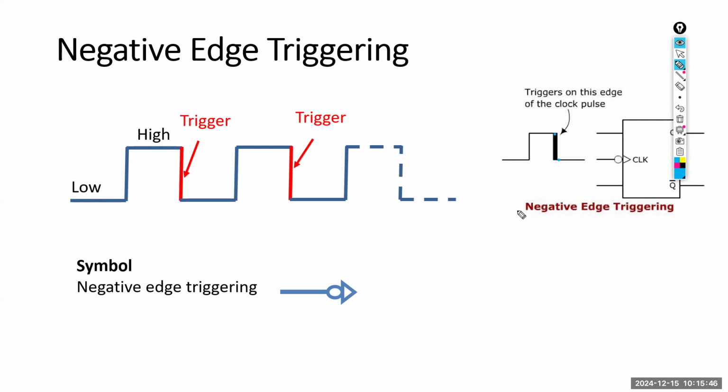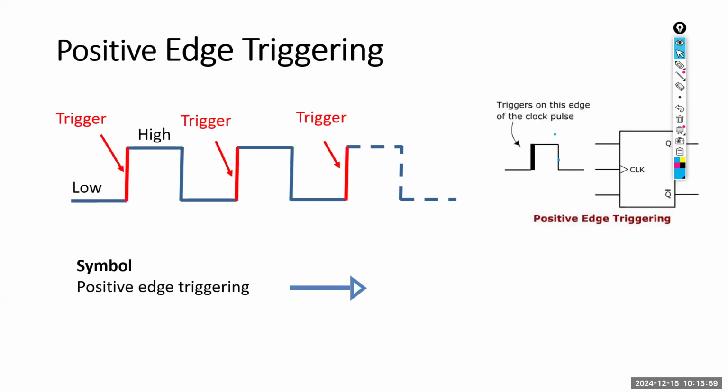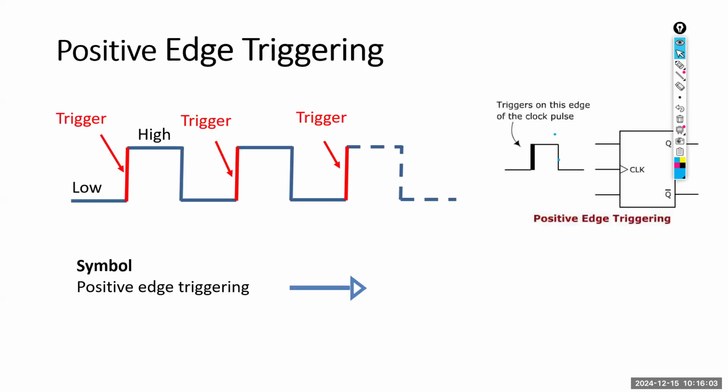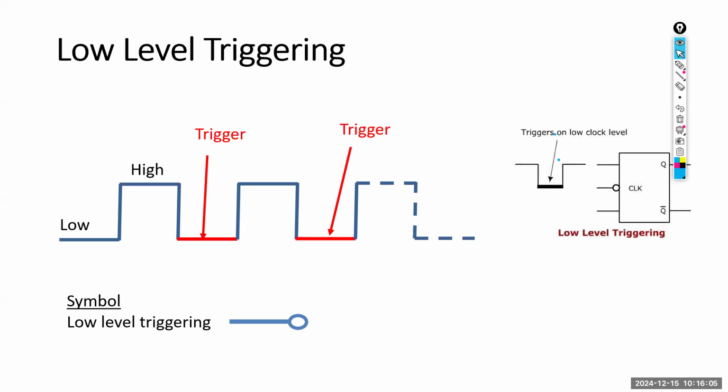So now you know what is positive edge triggering, negative edge triggering, and positive level triggering, negative level triggering, or high level triggering, low level triggering.